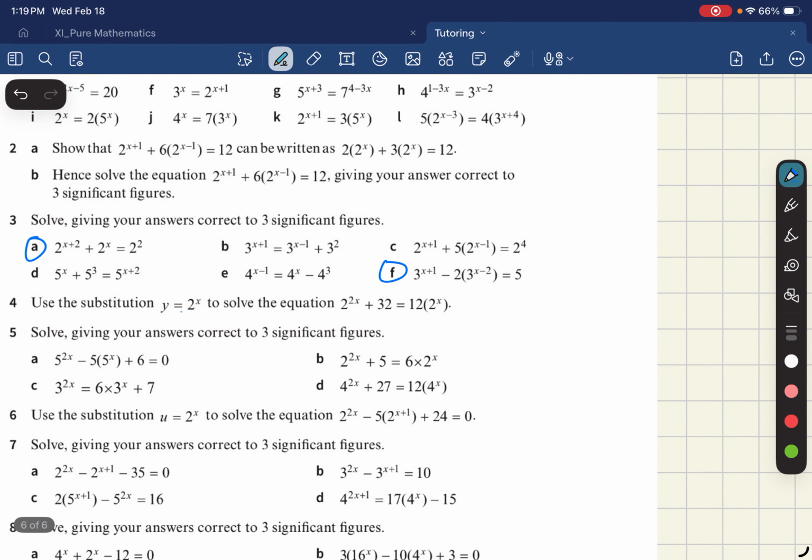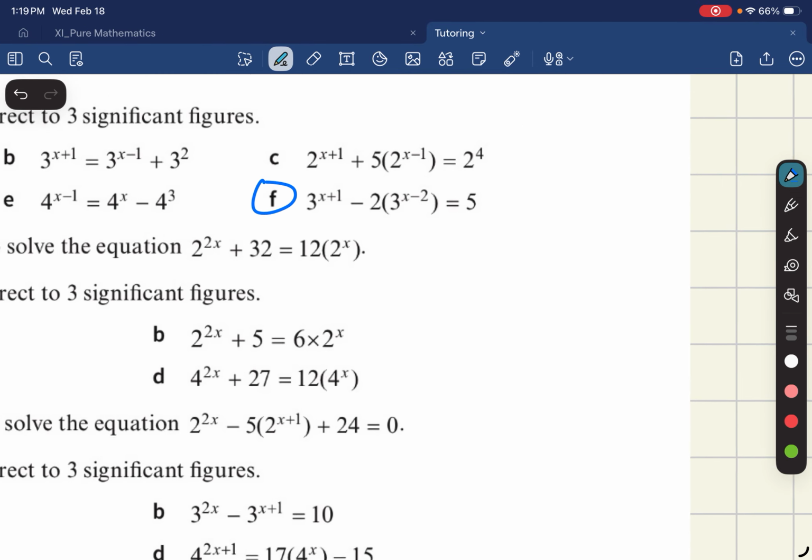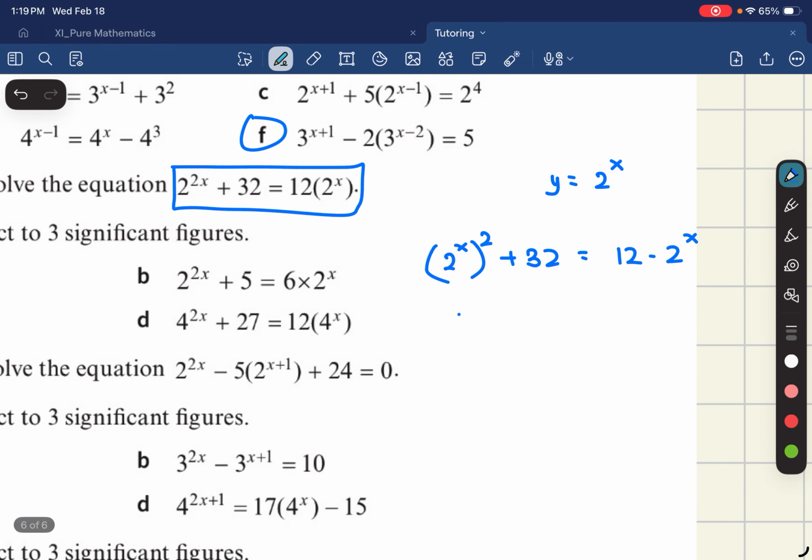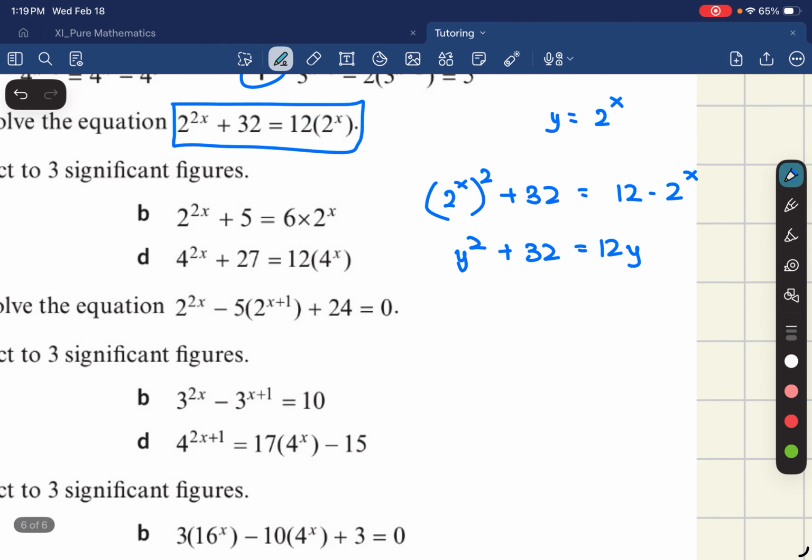So it says use substitution to solve the equation. And it might not look like it at first, but this is a quadratic equation. If we say that y is equal to 2 to the power x, then my first term is 2 to the power x squared, because these exponents multiplied together give me 2x, plus 32 is going to be 12 times 2 to the power x. So y squared plus 32 is 12y.